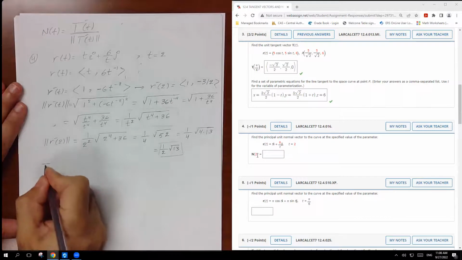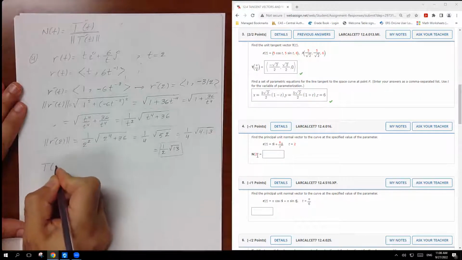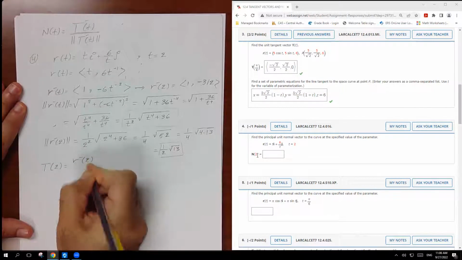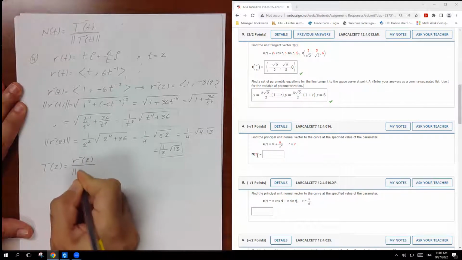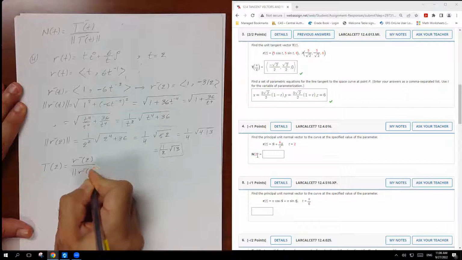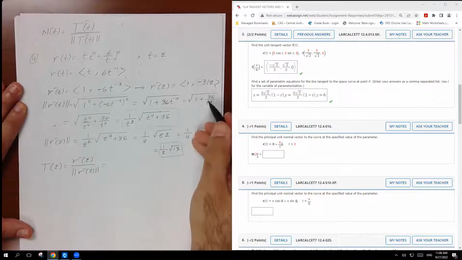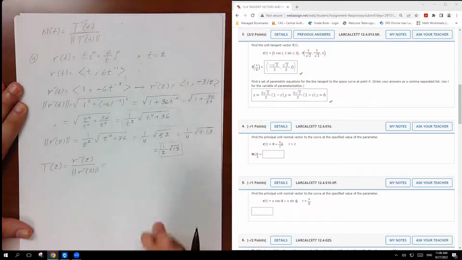Now the tangent with respect to t = 2 is going to be r prime with respect to t divided by the length of r prime. I have this one, I have this one. Now with numbers, we don't have to find it with variables.